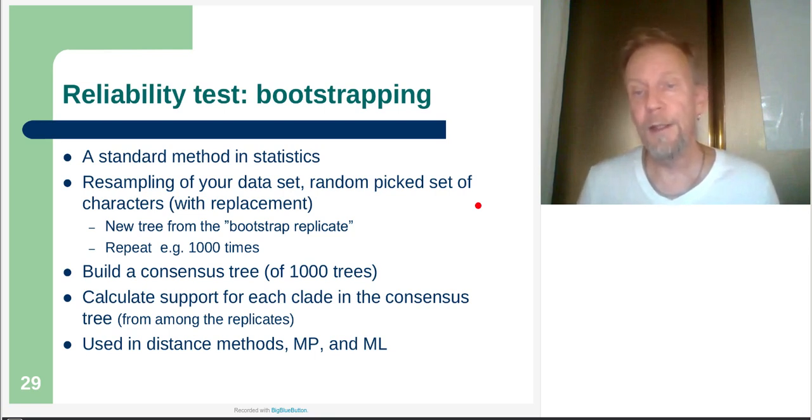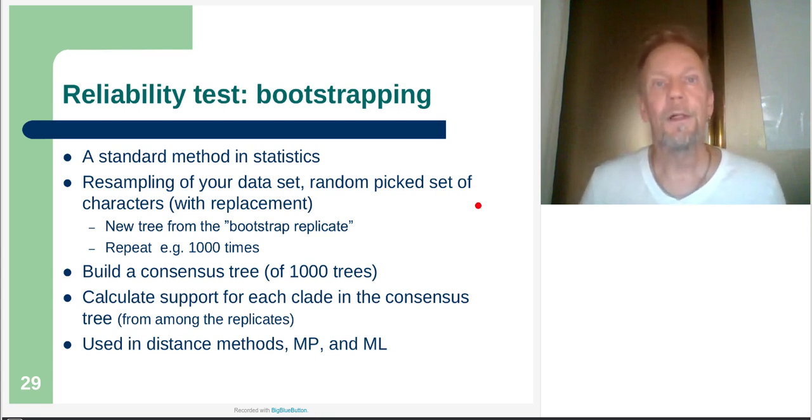And it means that if you have some columns in the alignment which are not reliable or which are misleading your tree building, and you leave them out, you might get a different kind of tree.